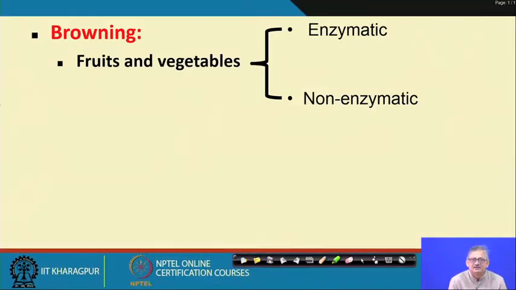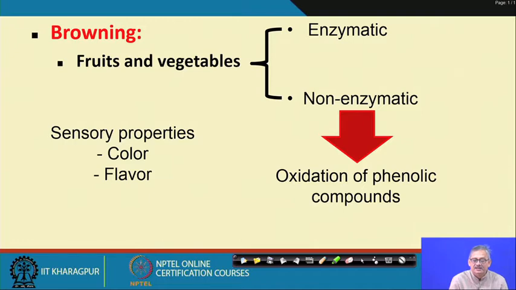These two types of browning reactions could be in fruits and vegetables, in milk, or in any solid or liquid food material. Enzymatic and non-enzymatic, these two types of browning are associated with this.